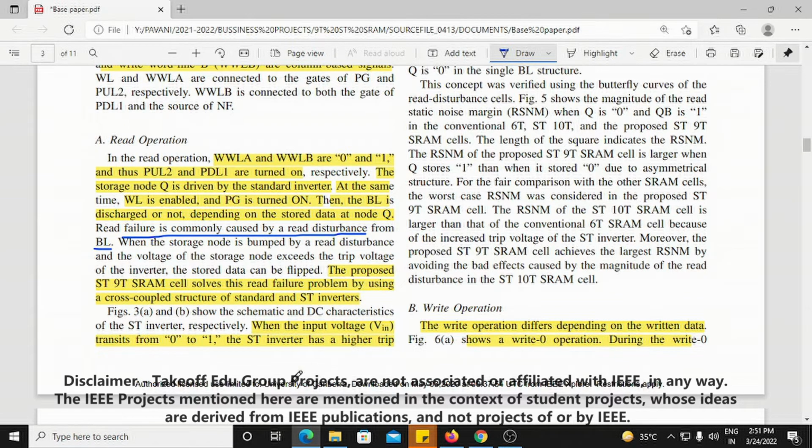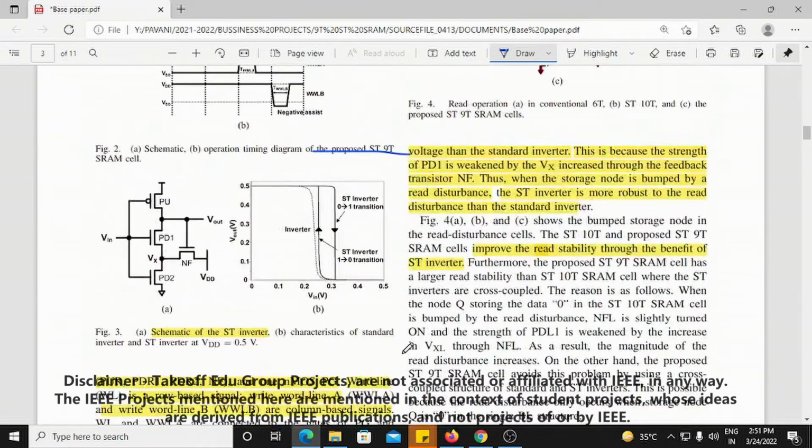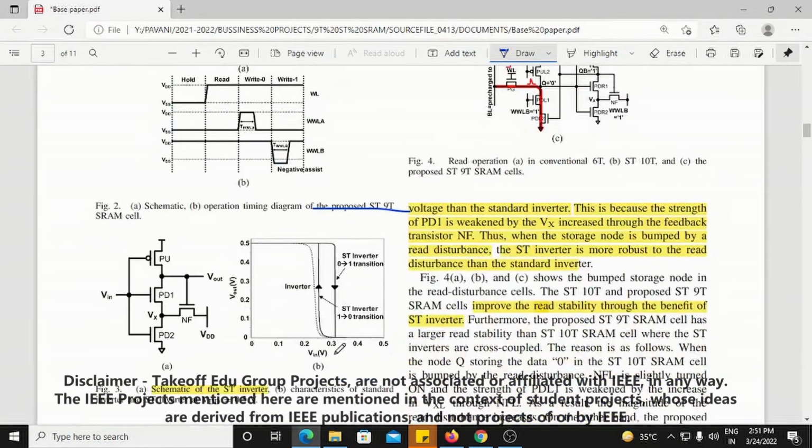Now from the figures, when the input voltage Vin transitions from 0 to 1, the ST inverter has a higher trip voltage. It would otherwise be a simple 0 to 1 transition, but here a feedback NF is used. What is the need for this? The strength of PD1 is weakened by this Vx. As the voltage here increases, it can cause a reverse biased condition.